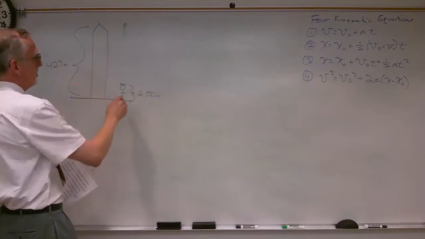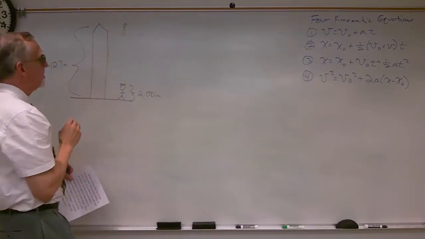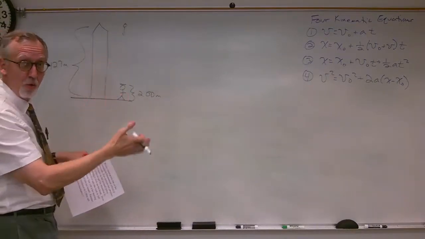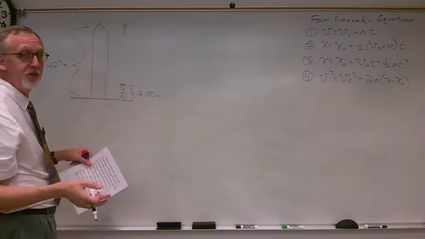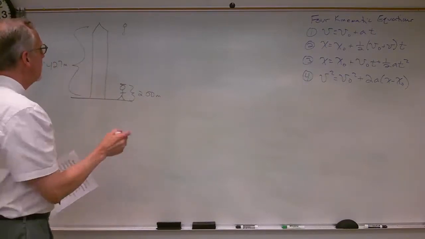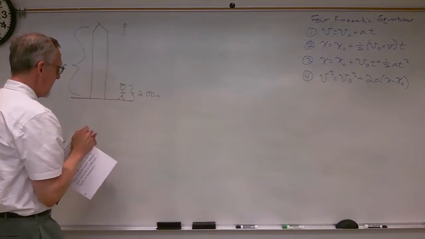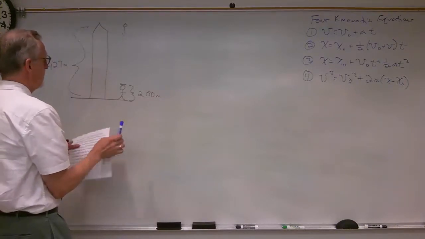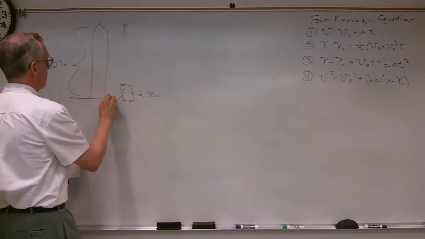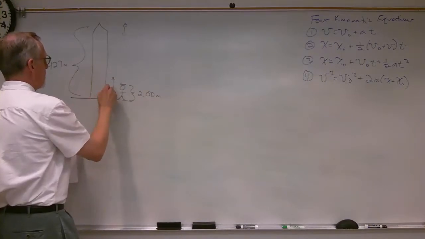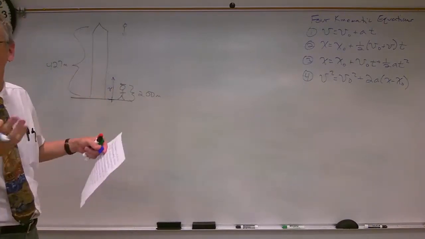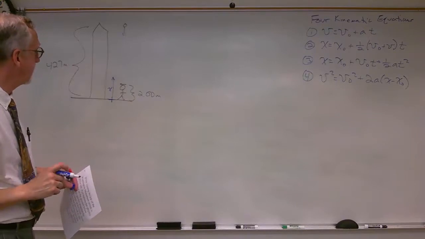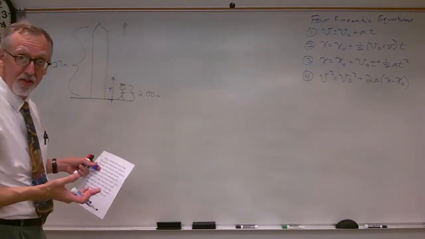So what do we have? This is a vertical problem again, so we'll define our x-coordinate vertically. We can put the origin anywhere we want. Let's put the origin, say, down at ground level. So here's the origin. And our x-axis, let's say, upward is positive again. Okay, so what are the variables?